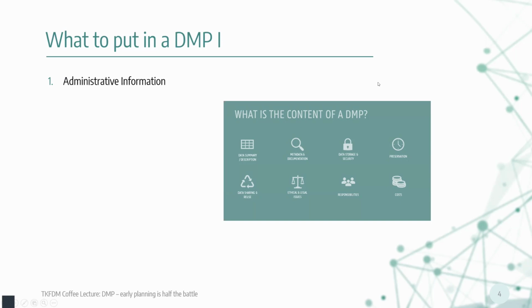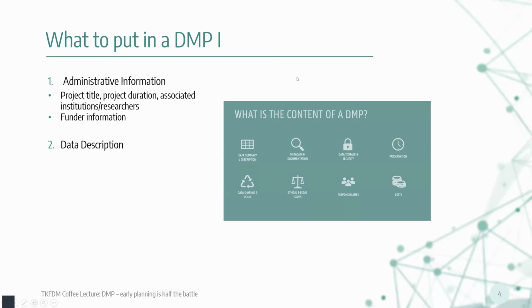So, firstly, we would generally include some administrative information. This could be the project title, duration, associated institutions, researchers, as well as funder information. So you will want to give the name of your funder, maybe a funding number if you have one, the funding stream, etc. This will be the first section of your data management plan.